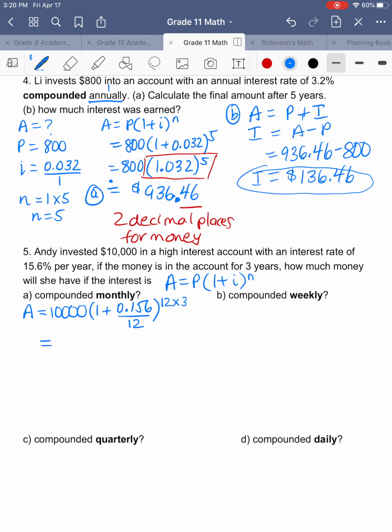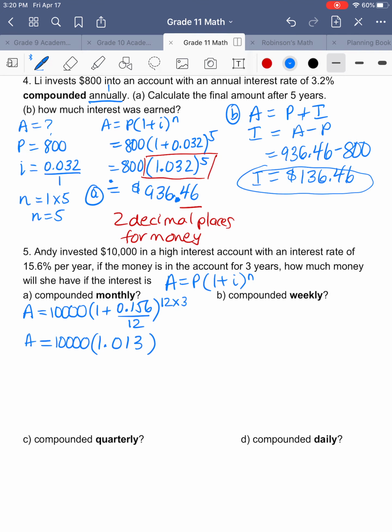So I am going to simplify this, and we're going to end up with 10,000 times 1.013. Now, this 0.013 comes from 0.156 divided by 12. And so that's an exact number there. That is not rounded at all.